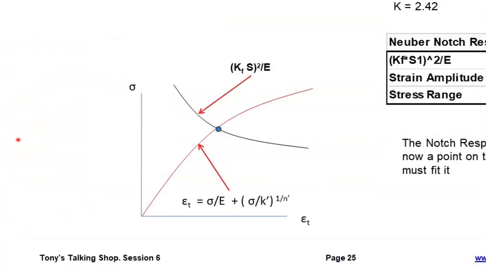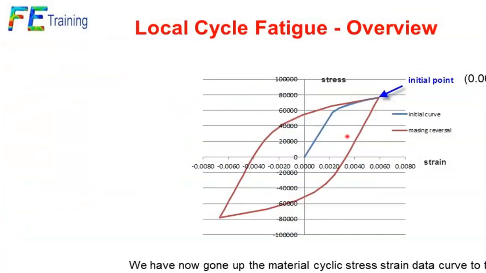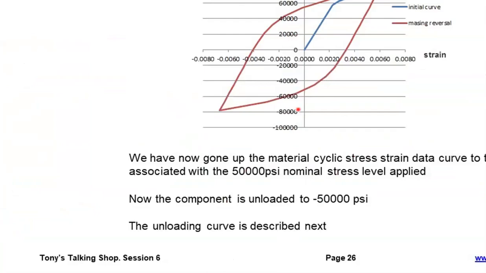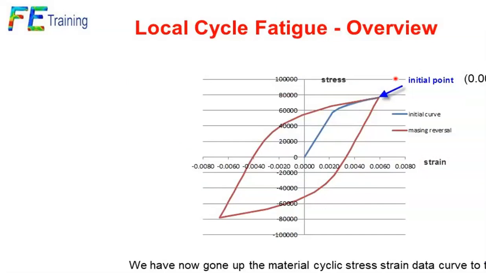So armed with that, I can say, there's my first point. I've gone up my stress strain curve and I've reached that first point there. That's given me a stress value and a strain value. They're not nominal stresses, not nominal strains. They're that local elastic plastic response. But I've still only run a linear analysis to get to that point.